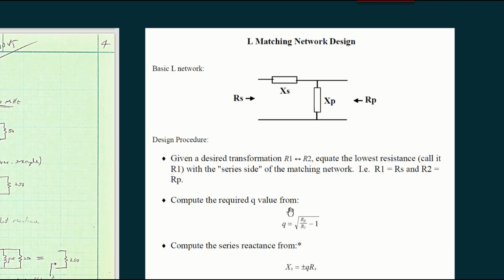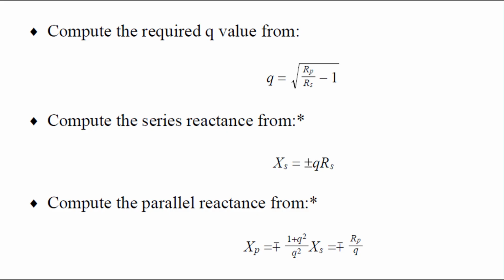The procedure is we compute the required Q value using the formula and a little algebra. If we know what RP and RS are, those are the impedances we want to convert from and to, we can solve for Q. And then we can compute the reactance as shown here.